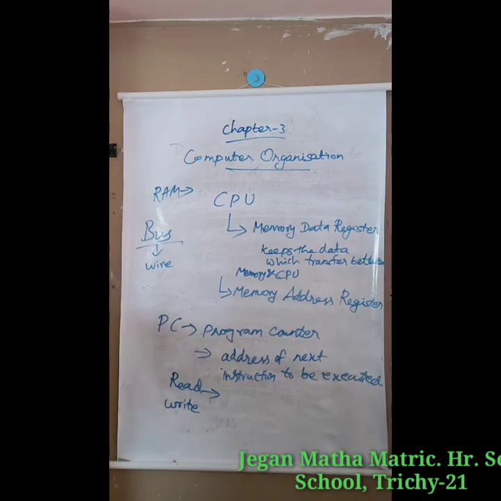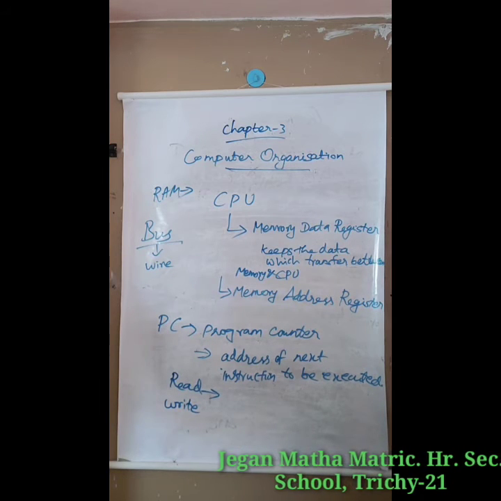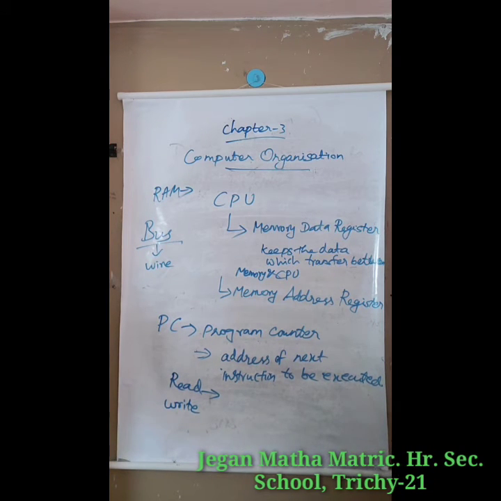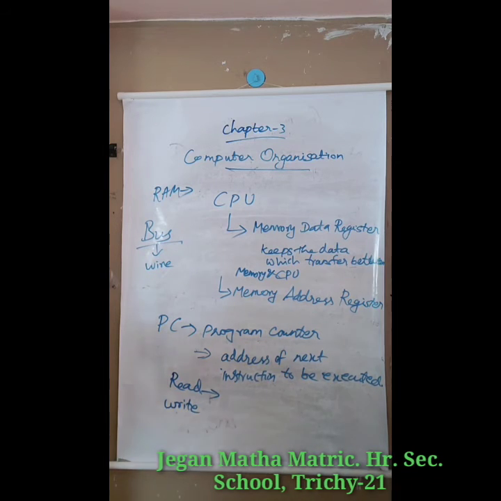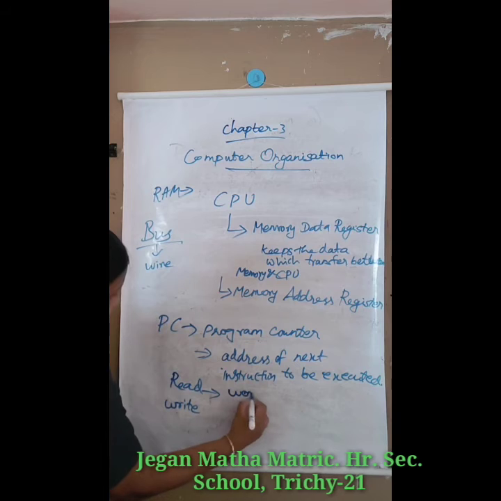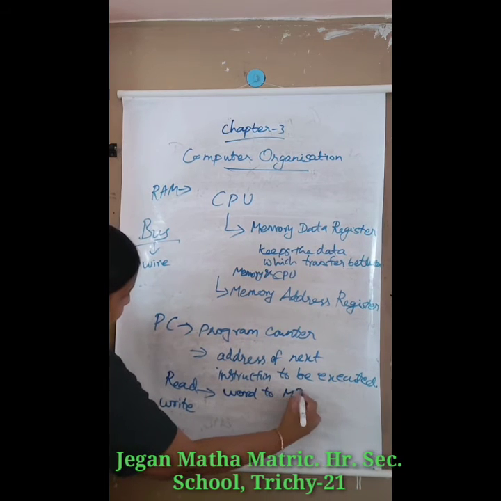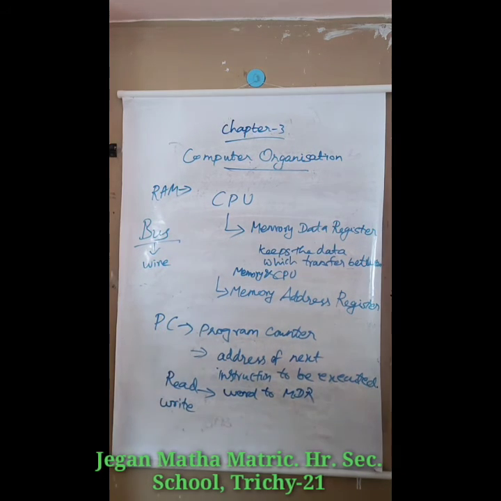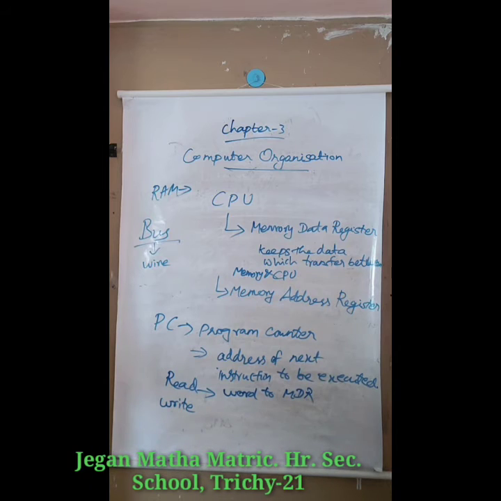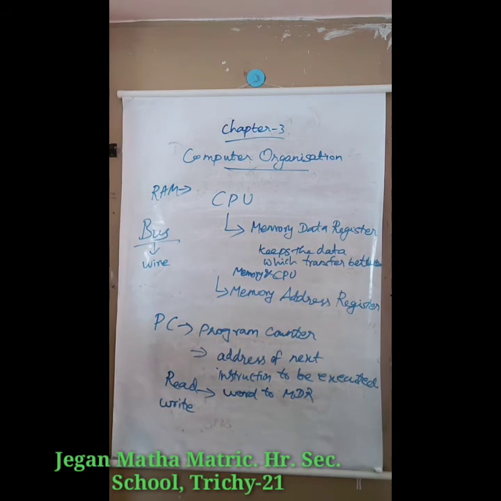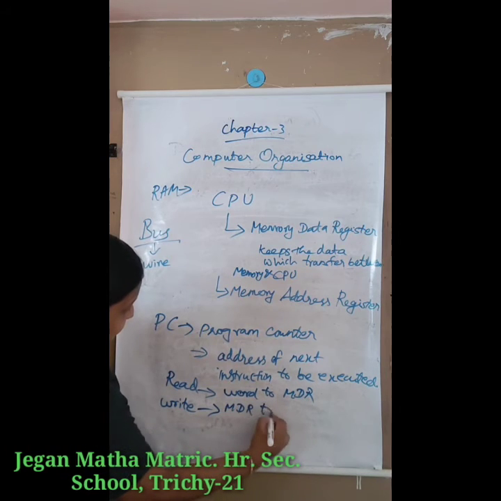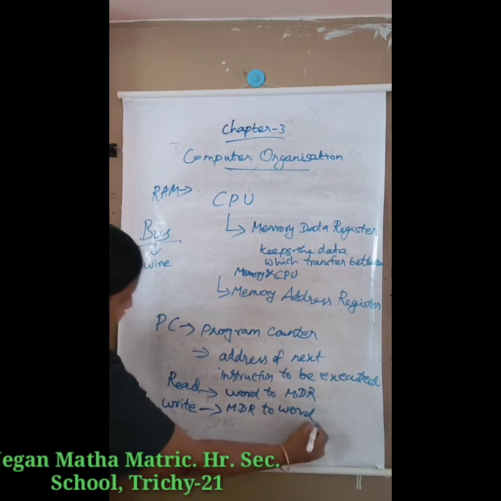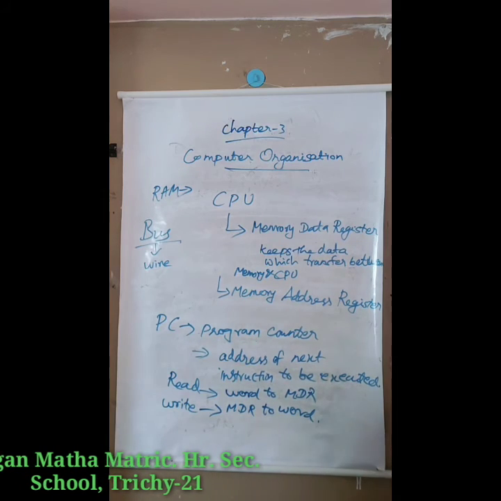The read operation transfers the data, here data means bits, binary digits, from the word to the MDR, the memory data register. Write operation means it transfers the data from the MDR to the word. So that is read and write operation.